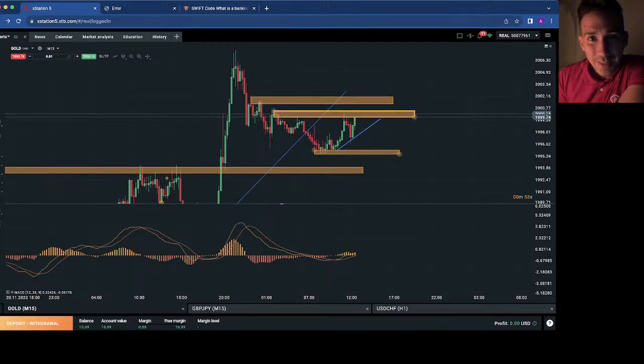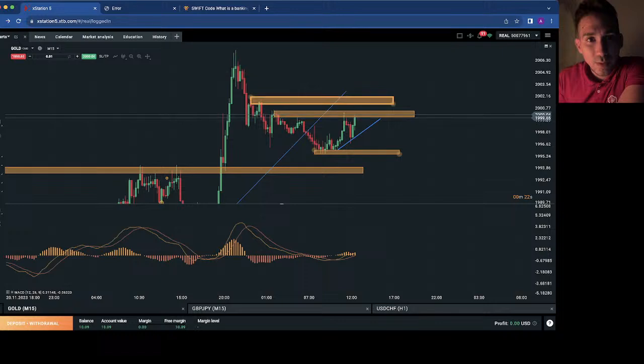So it makes sense that they push the price up to this area to take all these stop losses, and then it actually crumbles down and goes down with the direction of the trend I was previously mentioning. So it's going to be interesting to see if the price goes up, and then also in that area we need to wait for a clear retest, because this might be a trap as well.